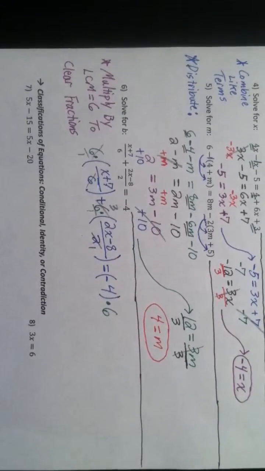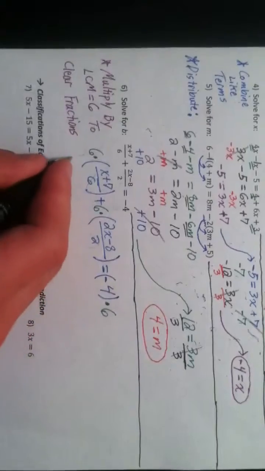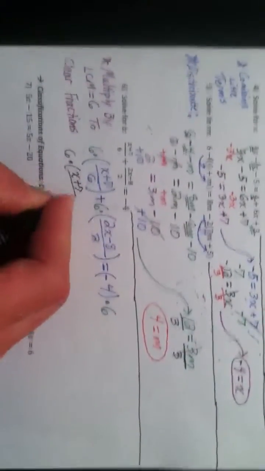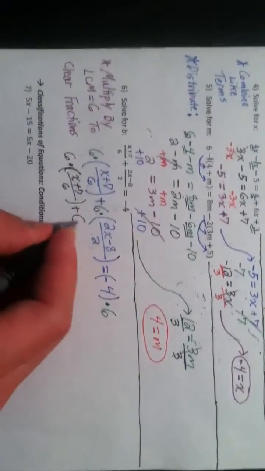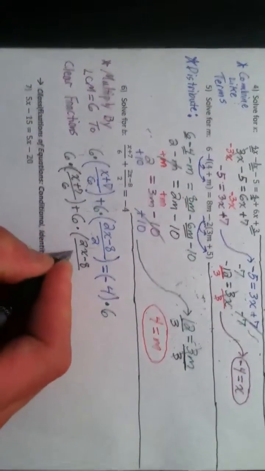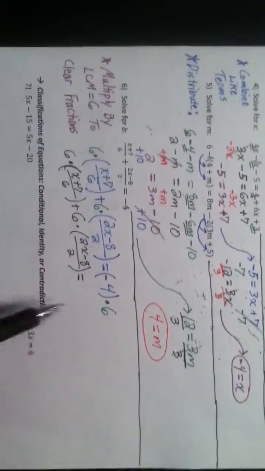So I'm going to erase what I just did here. Maybe I should write it for you. So we have 6 times x plus 7 over 6 plus 6 times 2x minus 8 over 2 equals, well, we can multiply.